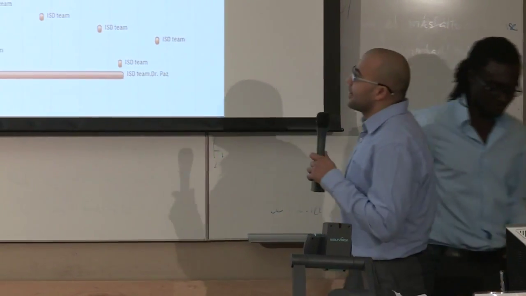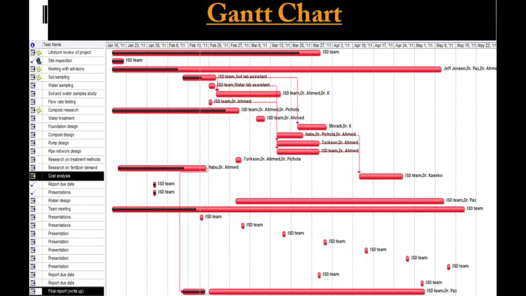And here's our Gantt chart. 31 tasks that we have come up with. Some of them are progressing. We're like 70% done with some of them. Some are 100% done. We're doing some research, meeting with advisors, designs, and so forth. Some of them are linked to each other.